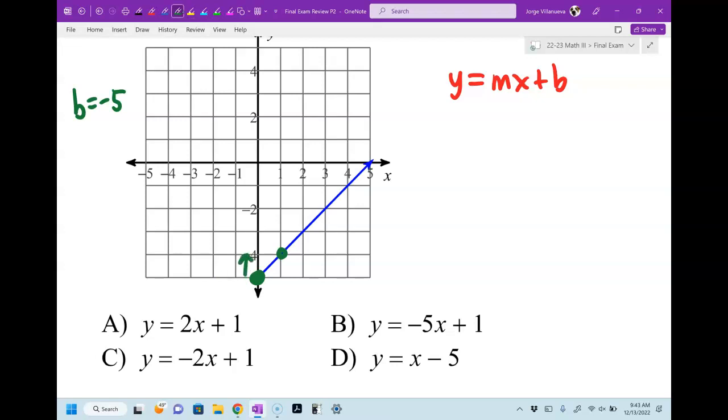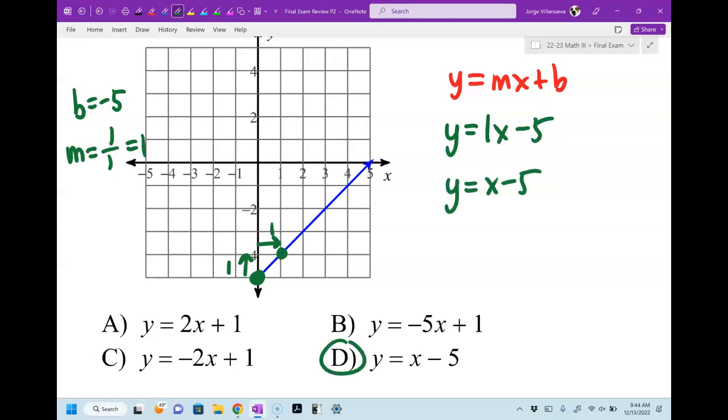One time, right? How many times to the right? So it's 1 over 1. That's my slope. 1 over 1 or just 1. So m is 1, b is negative 5. So y is equal to 1x minus 5 or just x minus 5, which would be D.